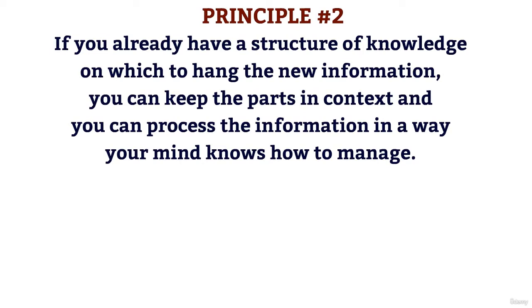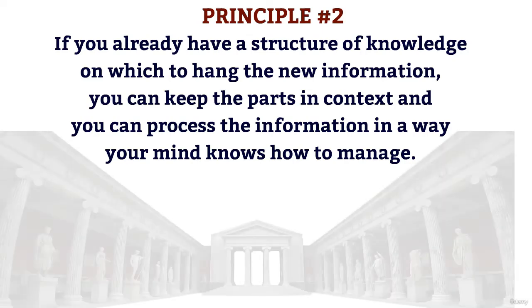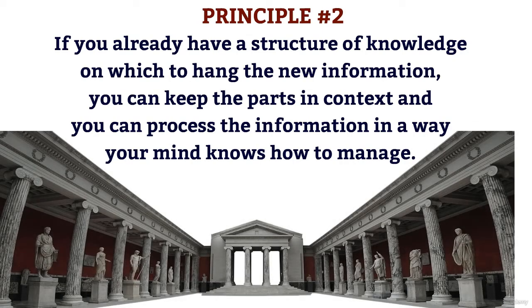If you already have a structure of knowledge on which to hang the new information, you can keep the parts in context and you can process the information in a way your mind knows how to manage. Since ancient times, the Greeks discovered a memory technique that is still essential in memory improvement and indispensable in memory competitions.